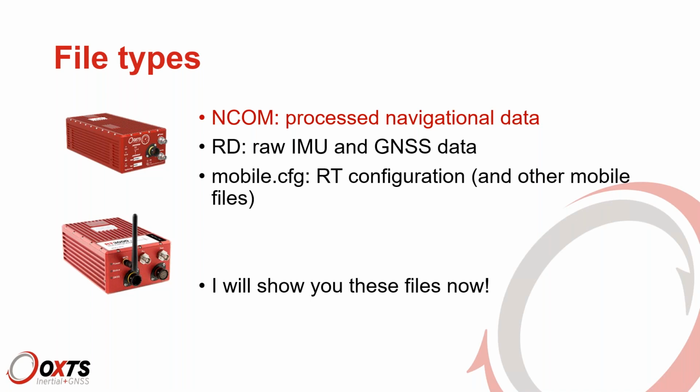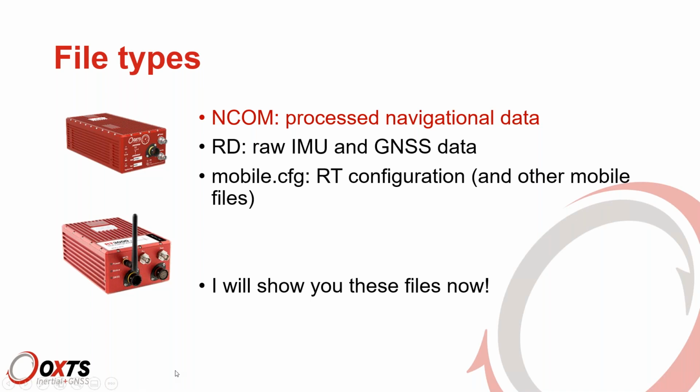And it's only in the NCOM stream that the measurements come from the combination of the sensors, whereas the RD file contains the raw data from the sensors separately. The NCOM, these processed navigational data, is the measurements with the higher accuracy which you will want.